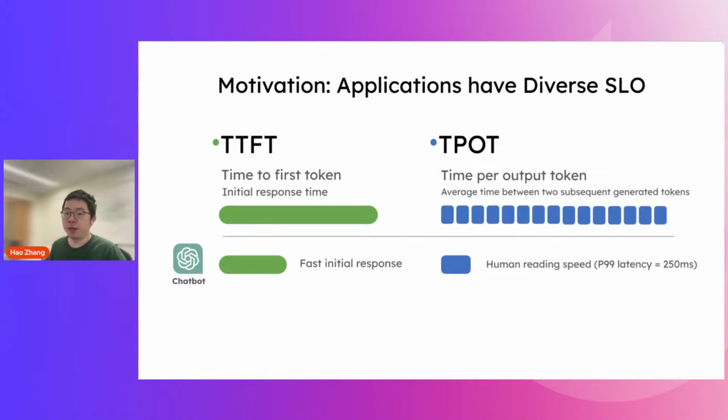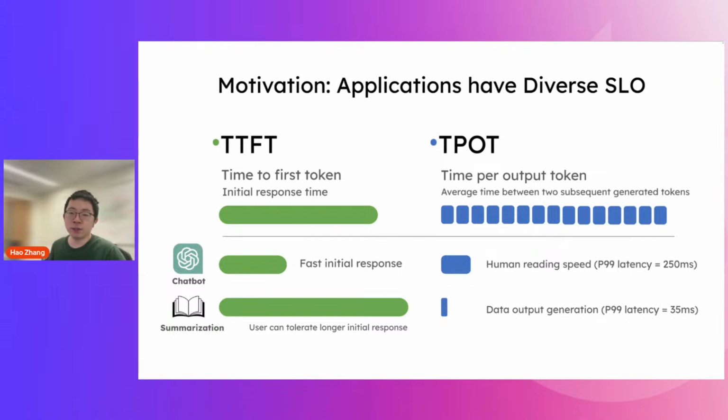But after it generates the initial word, the following generated text doesn't have to be faster than the average human reading speed, which means that the TPOT, which stands for time per output token, after initial token generation, doesn't have to be too fast, and you can still have a pretty good user experience.